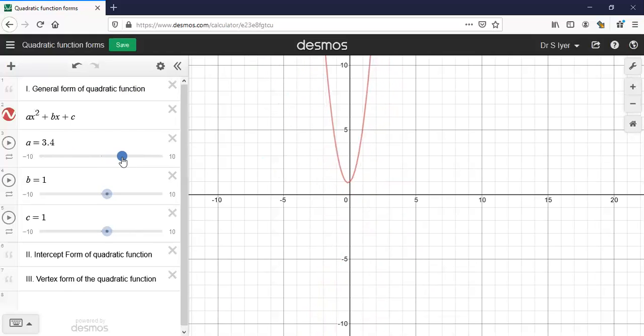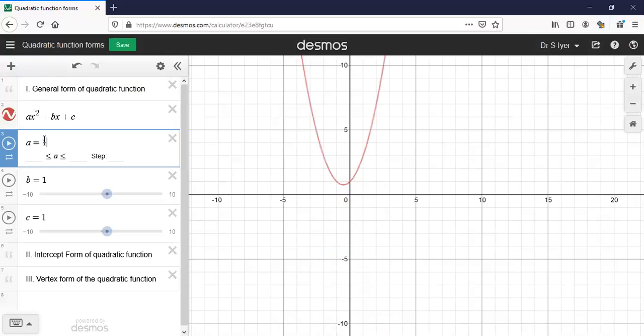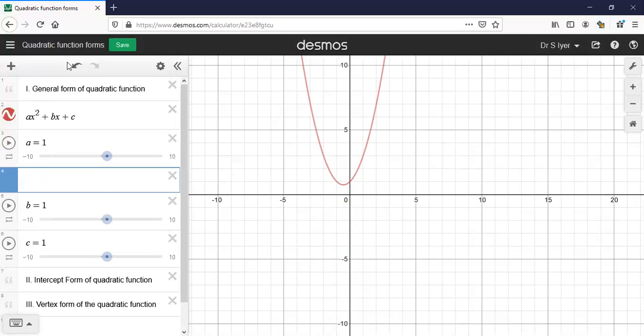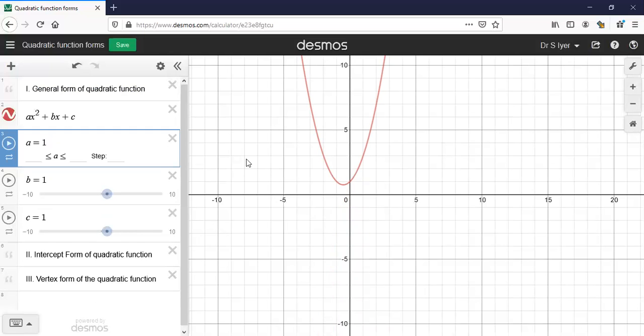So when a is positive, it's a happy face, it's an upward open parabola. And as I increase its value, it gets narrower. And the same thing happens on the negative side. As I make it lower and lower, or a higher negative number, the parabola gets narrower and narrower. I'm going to leave this back at the original value that we started with, which is a equal to 1.